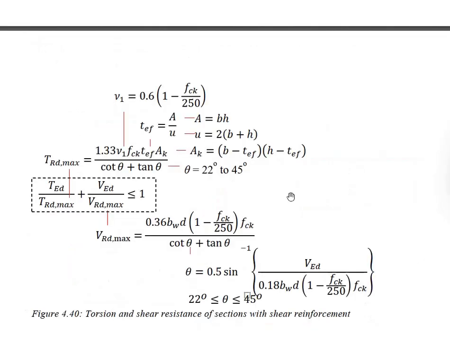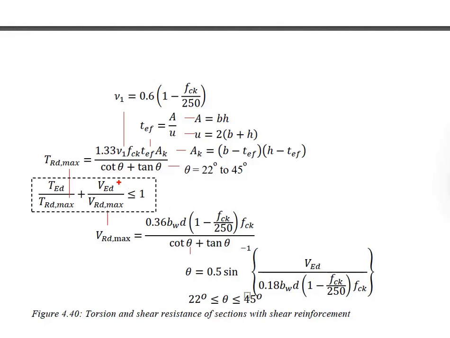Now you see the strength reduction factor is also applicable to the maximum shear resistance. Get the dimensions of the member, concrete strength, find the shear angle. You will use the same angle here as per the shear angle. Substitute the relevant values and then make sure it does not exceed 1.0.